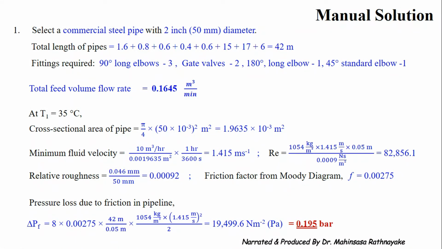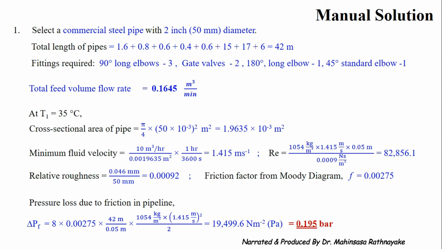So we select commercial steel pipe with 2-inch diameter, that means 50 millimeter diameter. We can calculate the total length of pipes is equal to 42 meters, and the fittings required in this piping layout are 3 90-degree long elbows, 2 gate valves, a 180-degree long elbow as U-turn, and a 45-degree standard elbow.